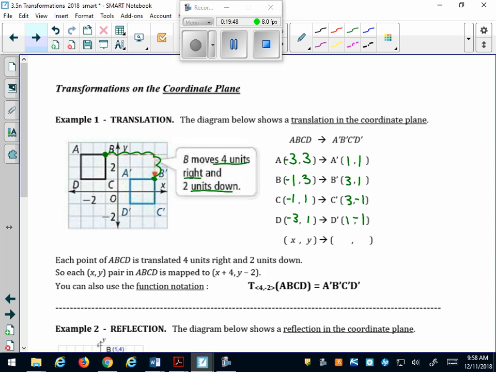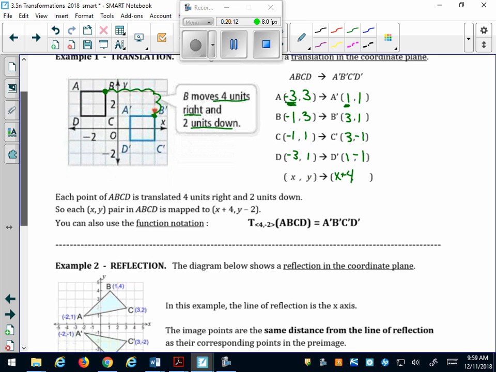So if you look at these coordinates, the x-coordinate of A is -3, and then the x-coordinate of A prime is 1. What do you do to -3 to get to 1? Add 4. So moving to the right 4 is just adding 4 to the x. So you can express that as this notation here.